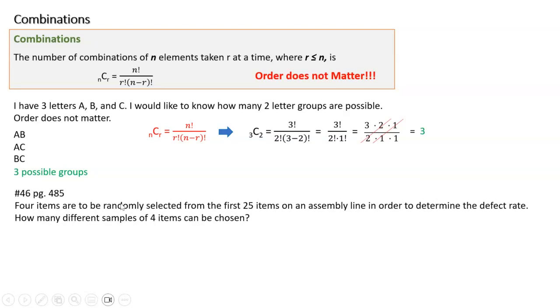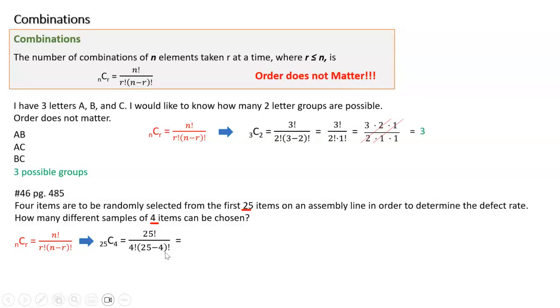Example. This is number 46 on page 485. It says here, 4 items are to be randomly selected from the first 25 items on an assembly line in order to determine the defect rate. How many different samples of 4 items can be chosen? So it's going to be 25 combination 4.